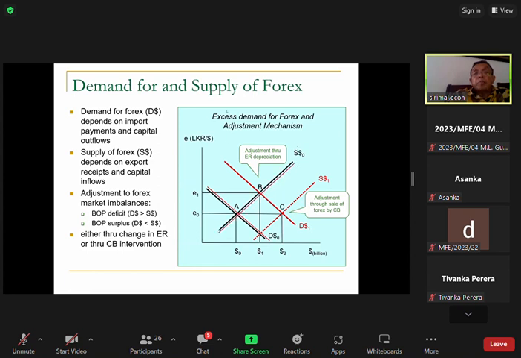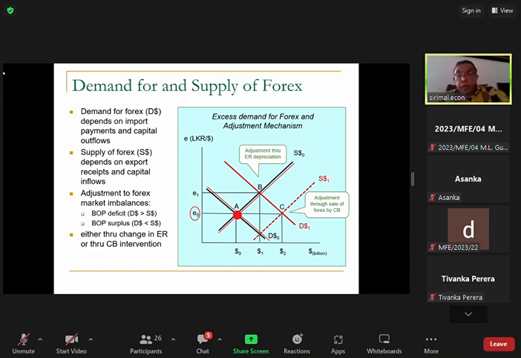So we are at point A. Our exchange rate would be E0. You can see the red line.